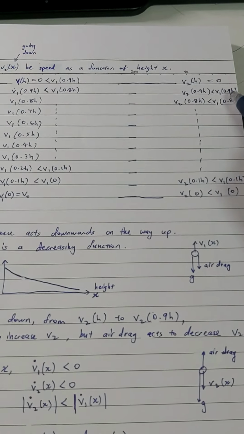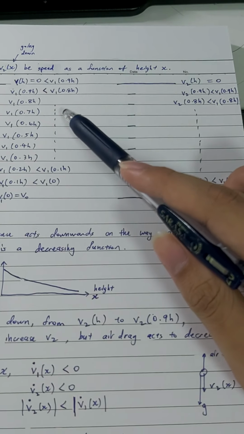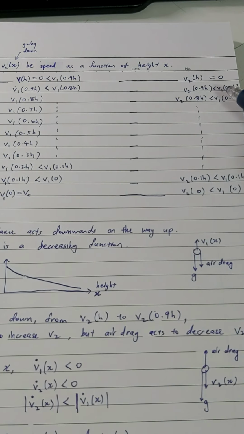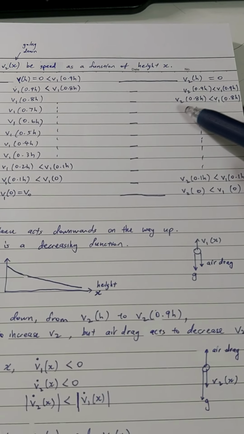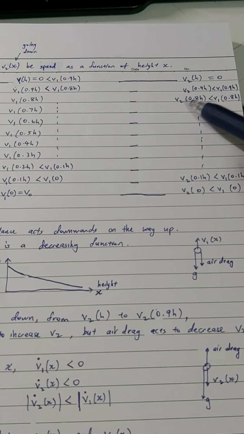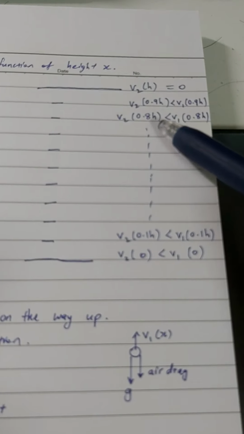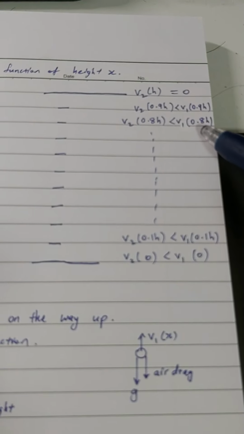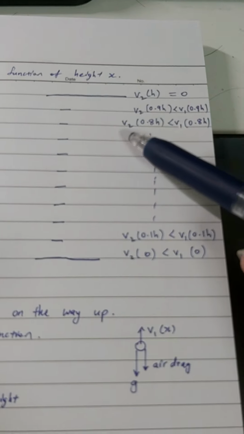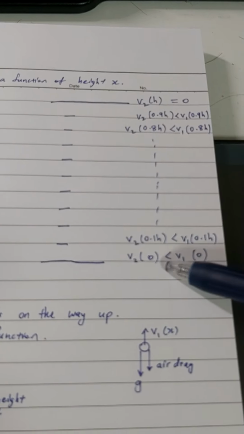And going from 0.8h to 0.9h, a similar procedure ensues. So we have v2 at 0.8h is going to be less than v1 at 0.8h, and so on all the way down.